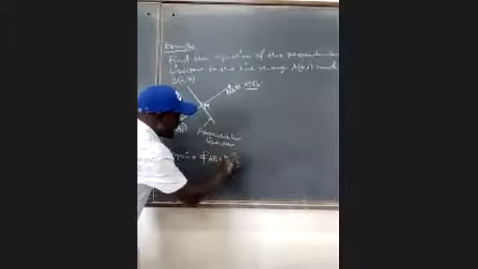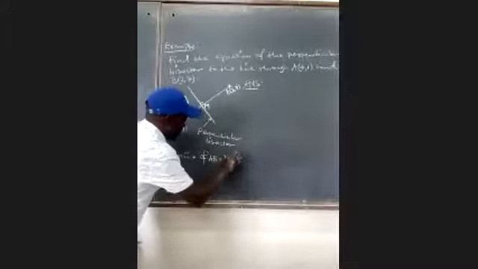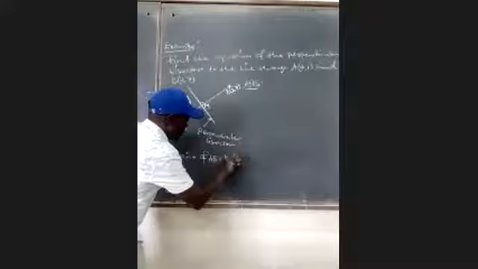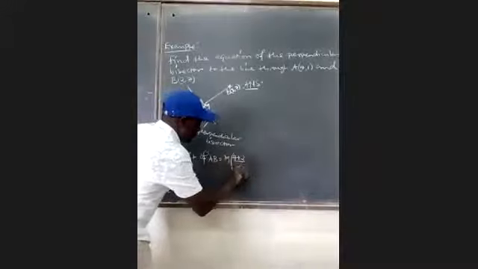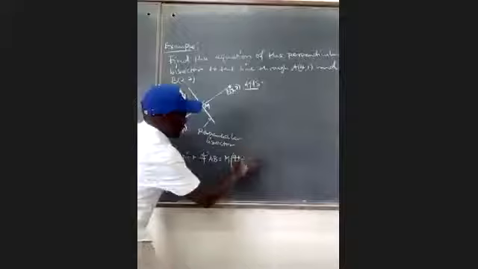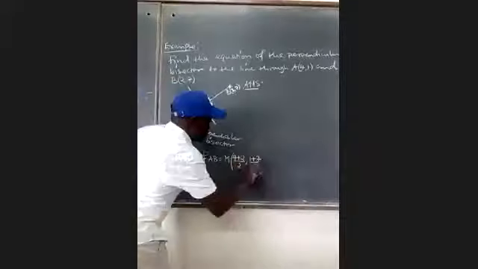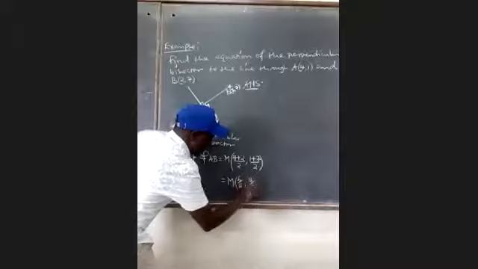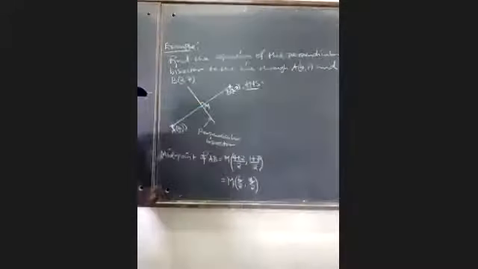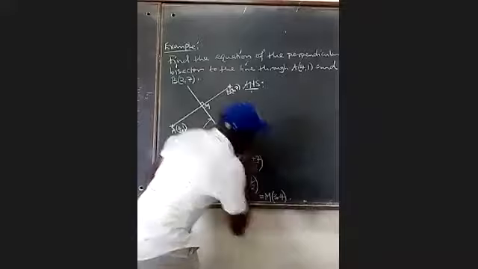It will be 4 plus 2, and the y coordinate will be 1 plus 7 divided by 2. Good. Then 6 divided by 2 and 8 divided by 2. For the midpoint, the coordinates are 3 and 4. Very good.